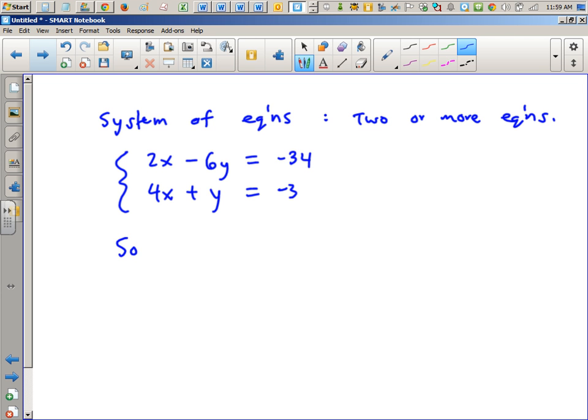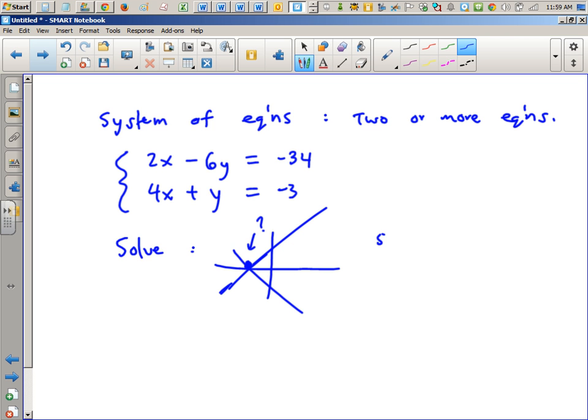So this word, for example, in this system would mean go ahead and find where the lines cross. Like where do they cross?